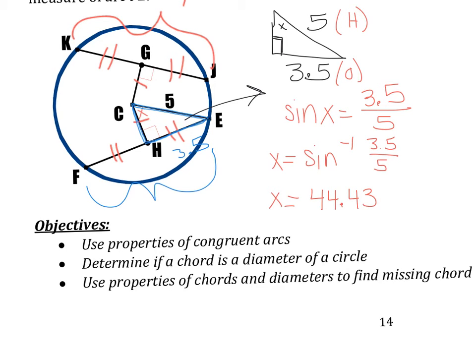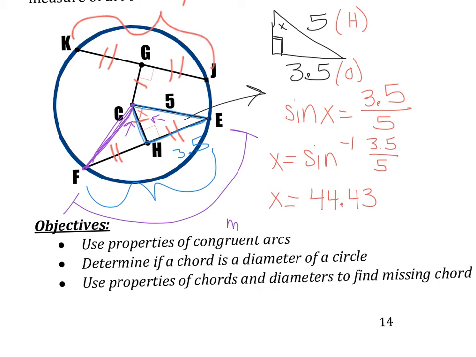If you notice, though, what we were supposed to do is find the measure of this arc from F to E. So what I have to do is find the angle that creates that arc. Here I could draw this triangle. These triangles are similar, so if this angle is 44.43, then this angle is also 44.43.